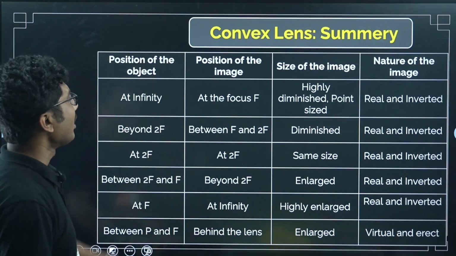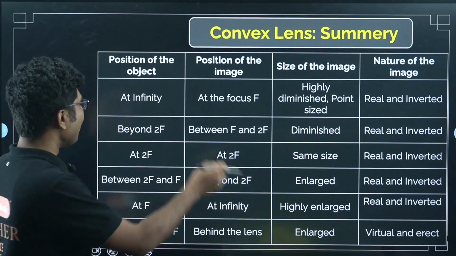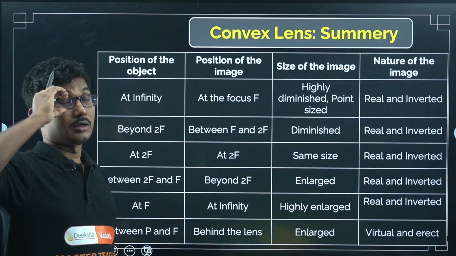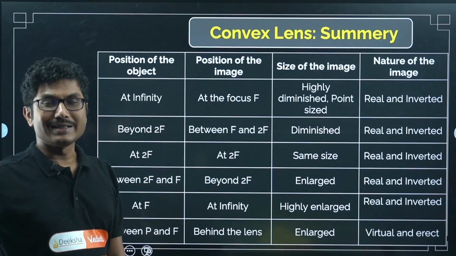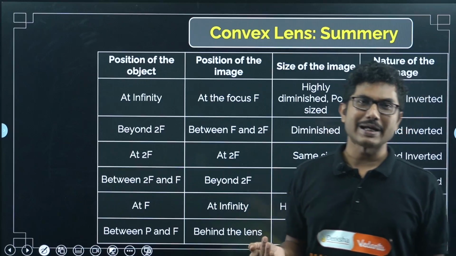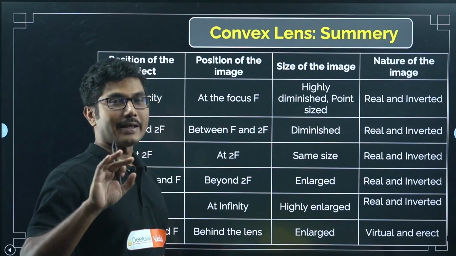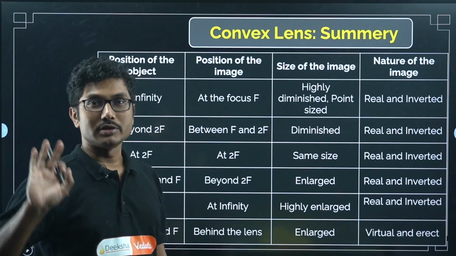Now for convex lens, at infinity is exactly at focus, beyond 2f, between f and 2f. So basically whatever r was there, here it is 2f. So r is replaced by 2f because for lenses r does not make any sense, and there is a relationship between f and r, but f is not equal to 2r, or you can say r is not equal to 2f.